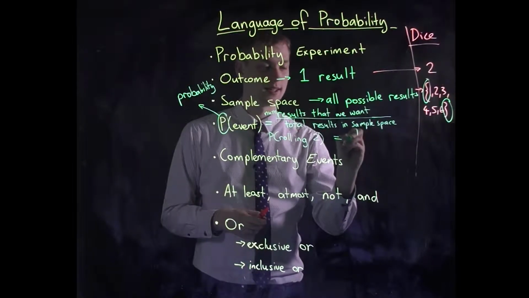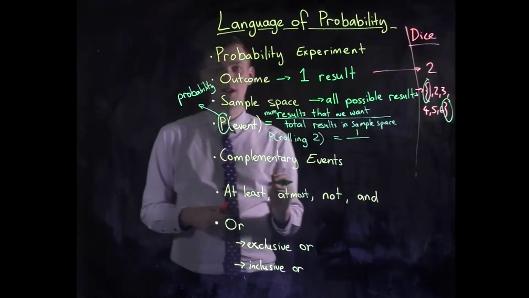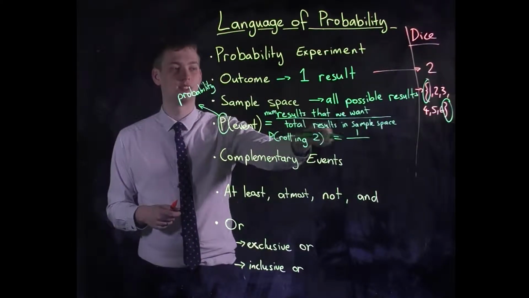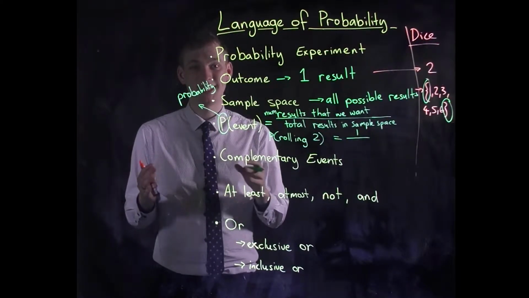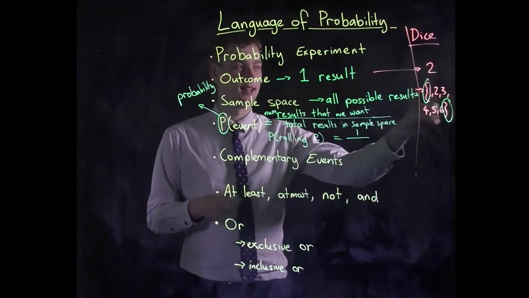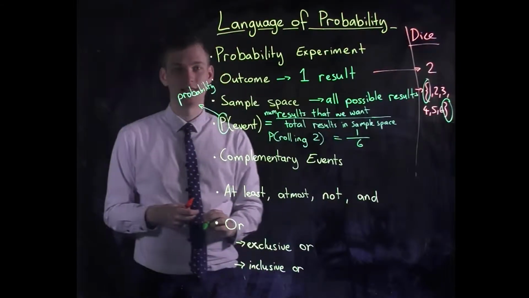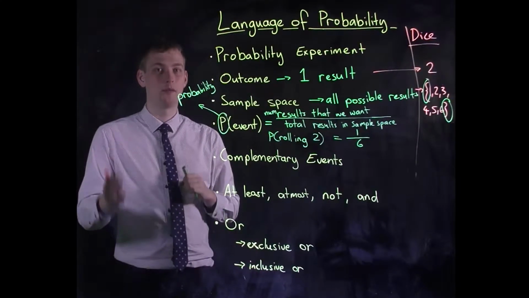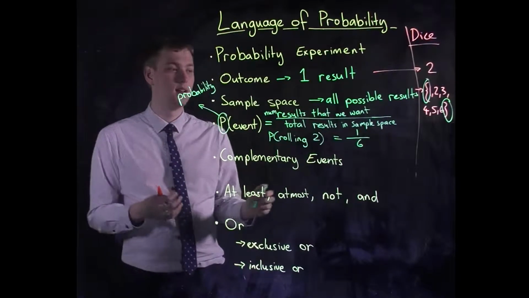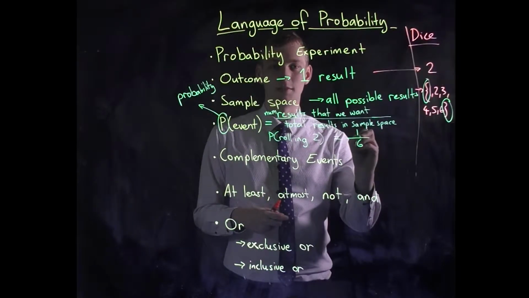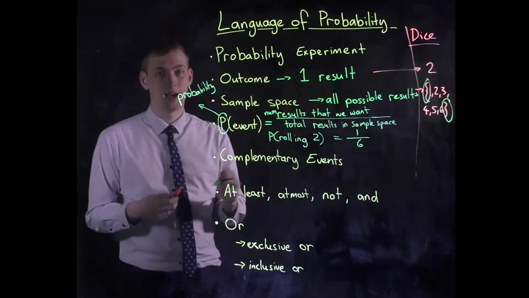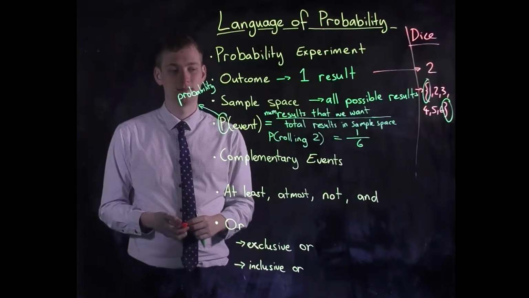So we write 1 because there's only one that we want, and then we divide that by the total number of results in the sample space. Again, that's 6 of them, 1 through 6. That's the number that goes on the bottom. So it's 1 on 6. If we wanted the probability of rolling a 2 or a 3, we could then have 2 possible options and it becomes 2 over 6. But that's just how the P of event works.